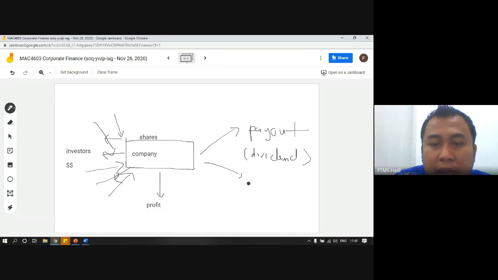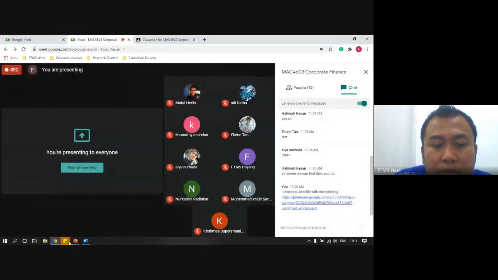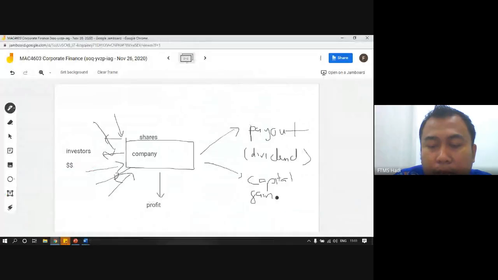Also, what investors can get is capital gain. Capital gain means that investors purchase shares at a low price but sell shares at a high price. For example, an investor purchases at RM1 and then sells at RM1.20.